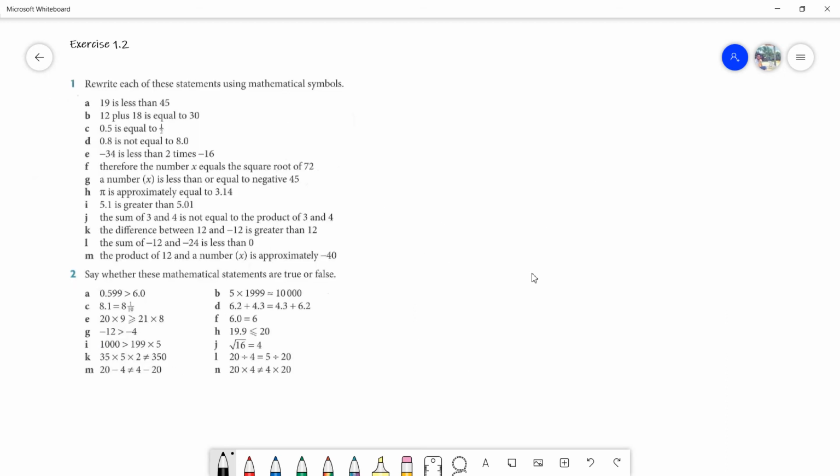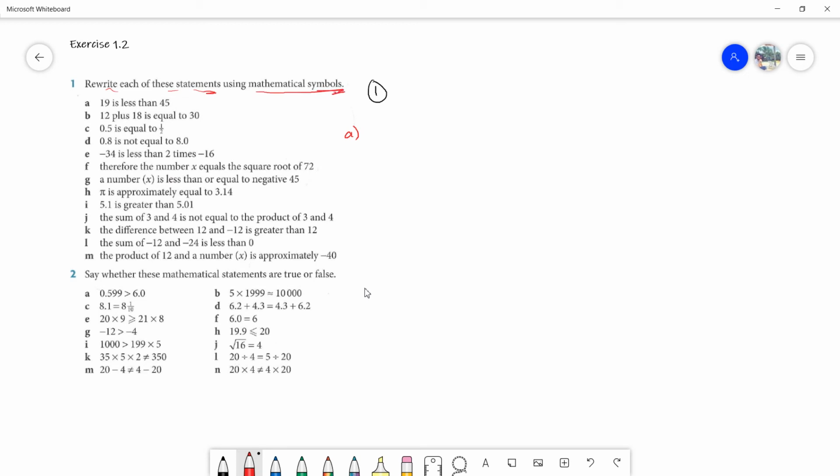Okay guys, now we have exercise 2. Question 1, part A. Rewrite each of these statements using mathematical symbols.